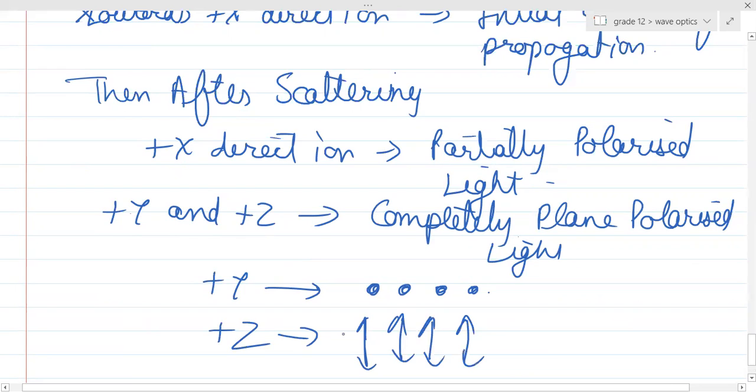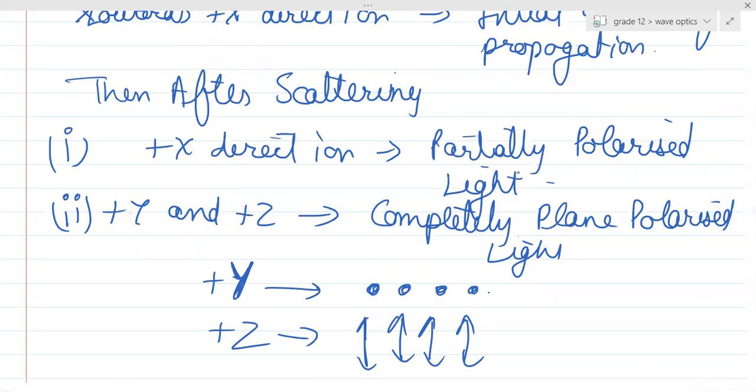So can it be the other way around? It can be the other way around as well. If along Y it's arrows, then along Z it will be dots. Is it clear, guys? But in the initial direction of propagation, it is always partially polarized. So again, can you see this phenomenon?